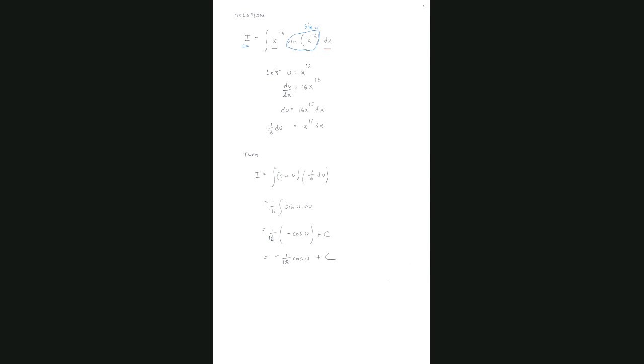Of course, we'll do what we did last time. u is x to the 16th power, so let's differentiate u with respect to x. Then du dx is going to be 16 times x to the 15th power. That's using the power rule. Are there any questions up to this step here?